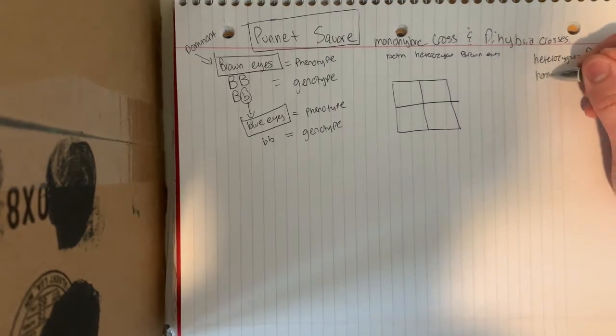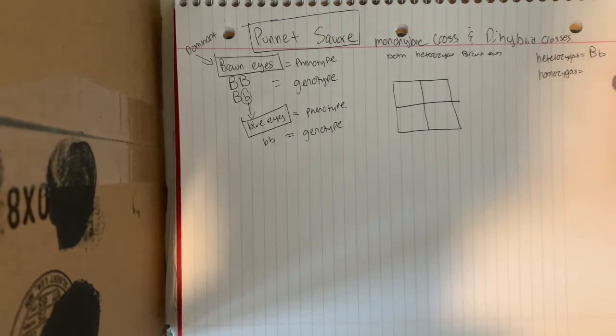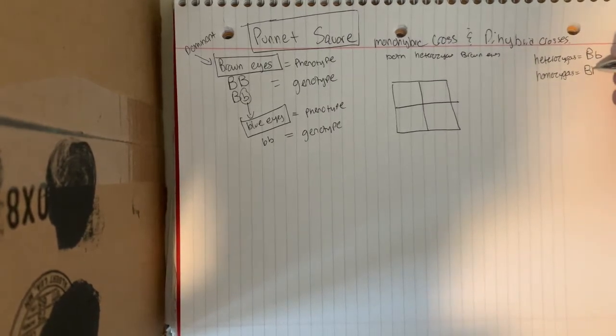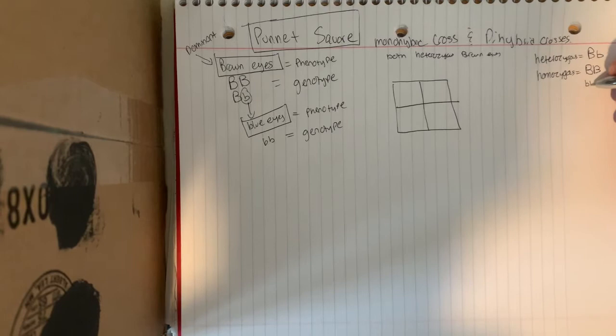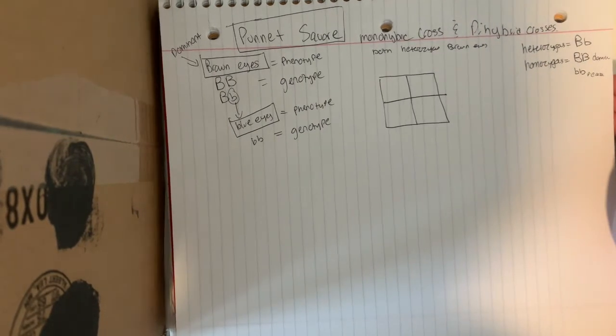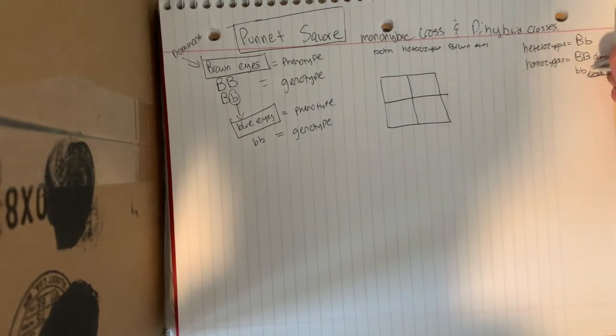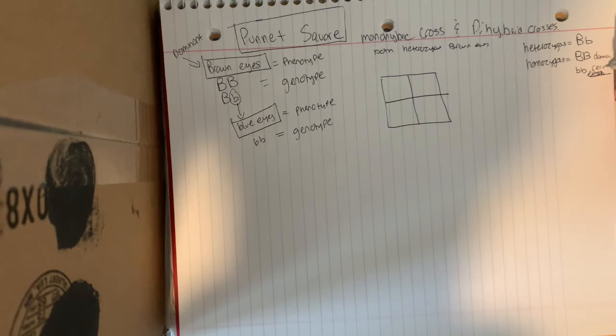But homozygous is equal to either big B, big B, or little b, little b. And this is what we would call homozygous dominant, and this is homozygous recessive. I hope you guys can see that. I didn't really spell it, but we'll redo that.